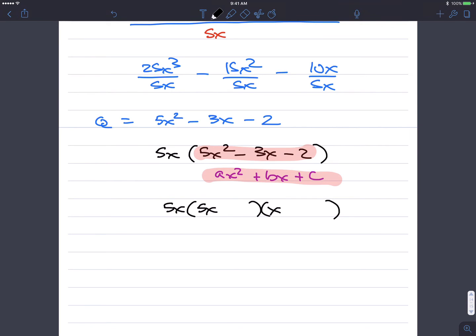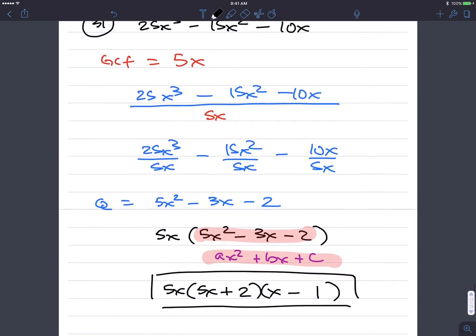The number 2, factors of 2 are 1 and 2 for the last term. So this is 2 and this is 1. Which one should be positive? Which one should be negative? 1 is negative and 2 is what? Is that true? I think you're right. Negative 5x and a positive 2x, negative 3x. Okay. We are what? Done. That's it. Good. So that's 31.